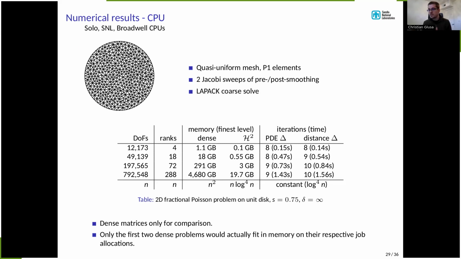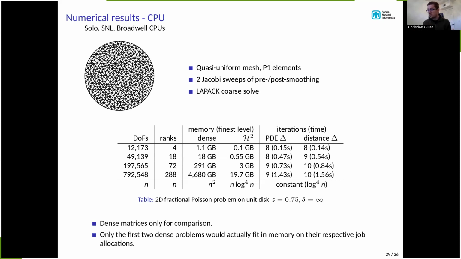In the middle of the table I show how large the stiffness matrix would be if we assembled it into fully dense format. Obviously, in practice, we never do this because it's a terrible idea, but just to compare the size of this operator to the hierarchical matrix format, we can see that instead of a matrix that's 4.7 terabytes, we get something that's 20 gigabytes. So it's a lot smaller.